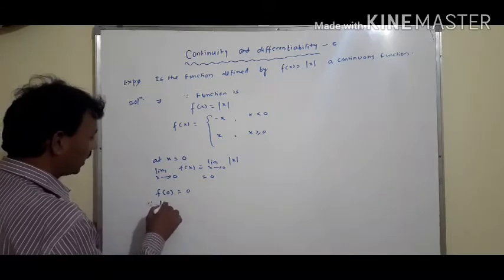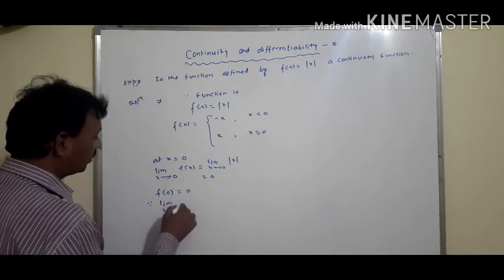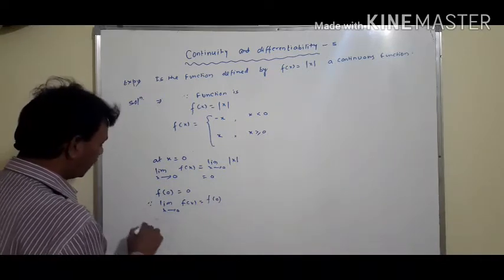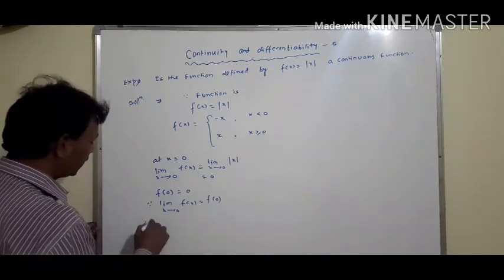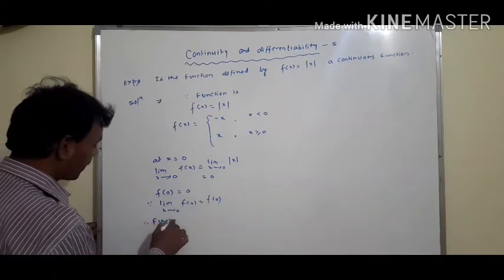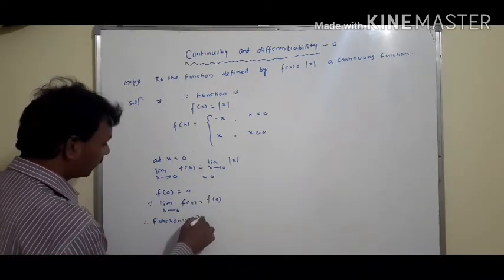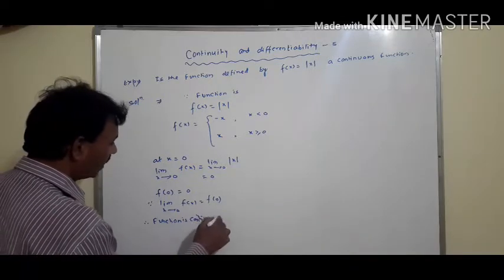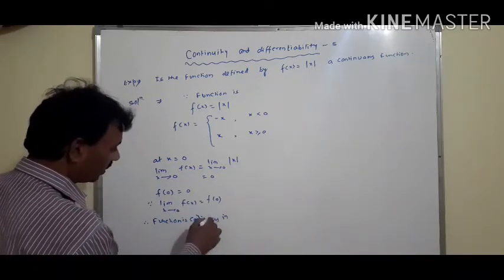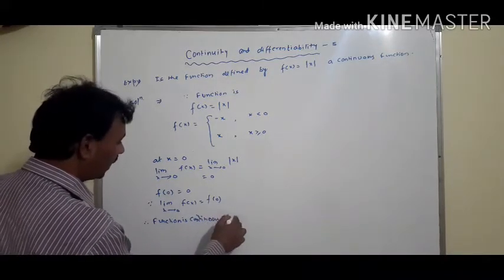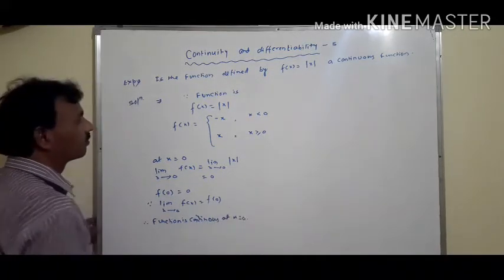Since limit x to 0 of f of x equals f of 0, therefore the function is continuous at x equal to 0.